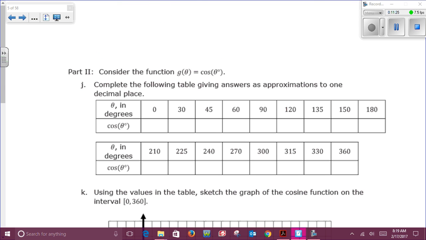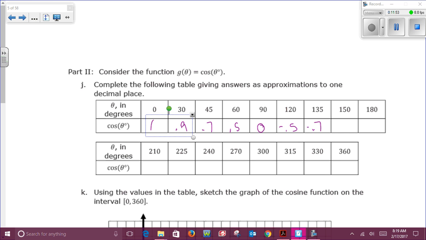Moving on. Part 2, consider the cosine function. So I'm going to do the same thing with the cosine function as I did with the sine function. I already put these into my calculator. And I used my magical values from our unit circle and our special right triangles, and I converted them to decimals.